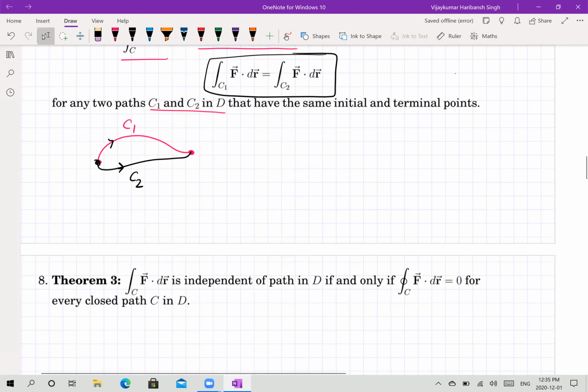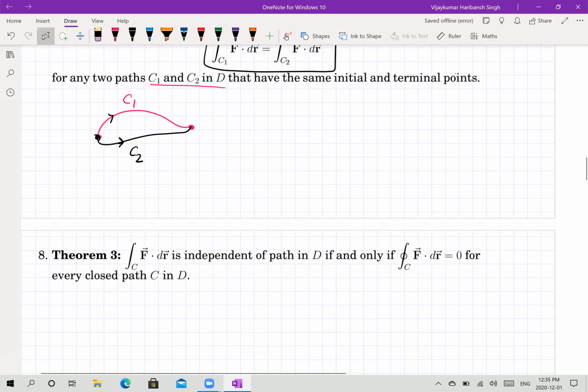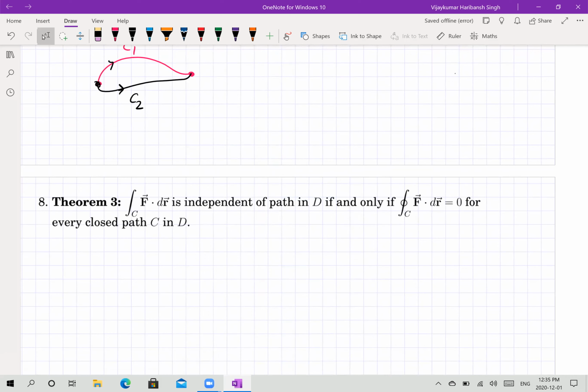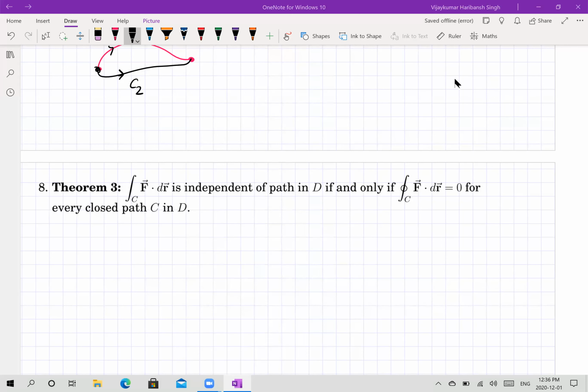So note that we'll develop some equivalence now. The integral over C of F dot dr is independent of path if the integral along any closed curve of F dot dr is 0 for every closed path C in D. So suppose you are given that F dot dr is independent of the path.